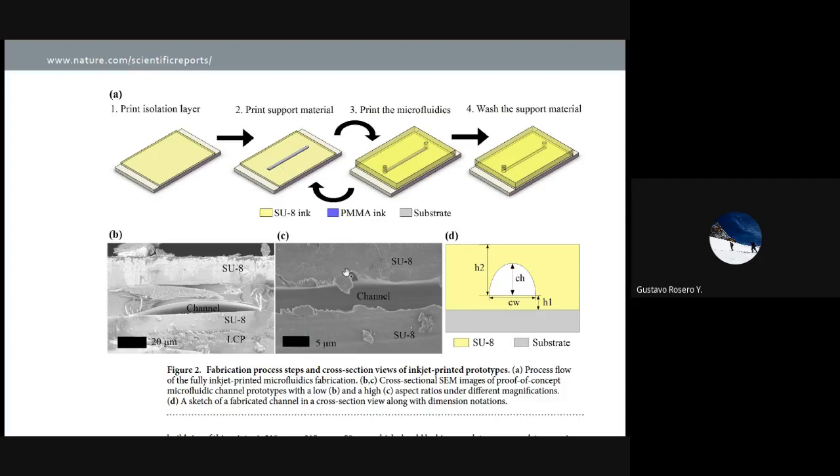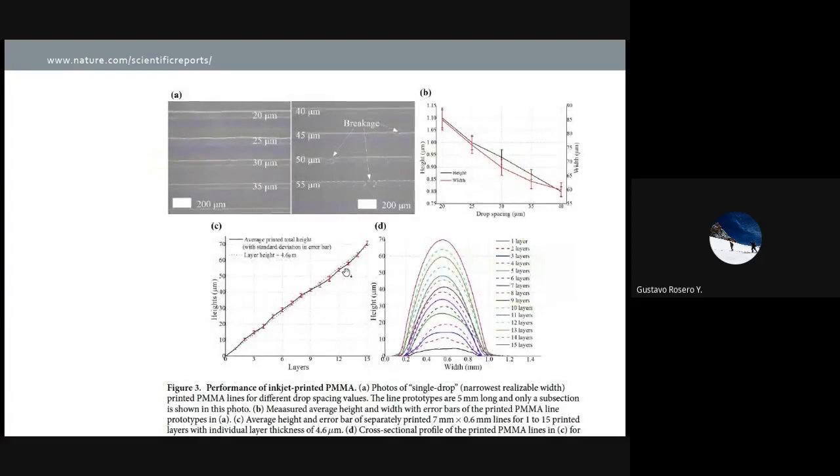We'll see. They use different sizes of the channel in order to characterize the difference between these numbers, because they increase 5 microns in order to print the microfluidic channel.